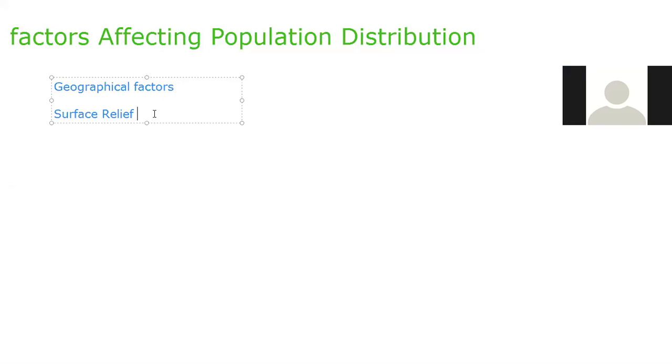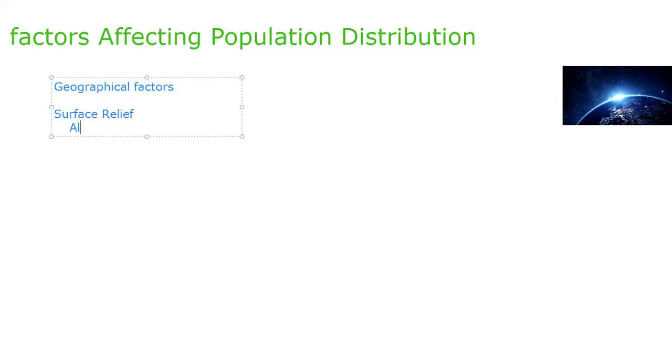Then surface relief includes the factor of altitude. If the areas are very high, like mountains, like snow-capped mountains, people won't be living there.